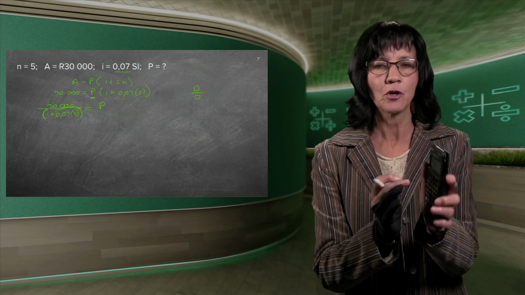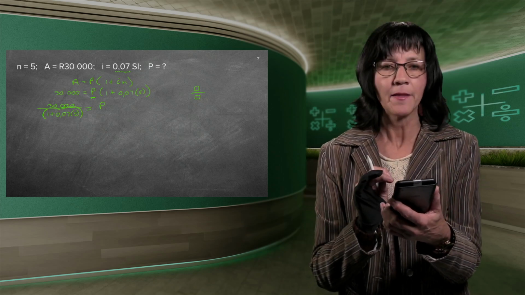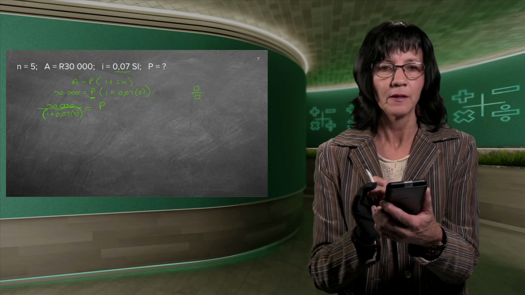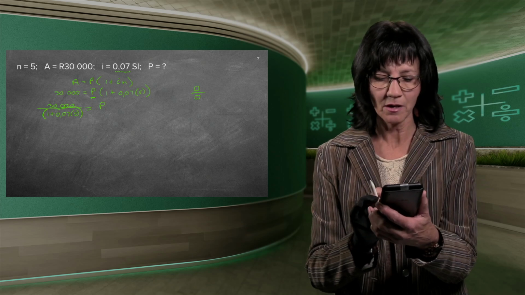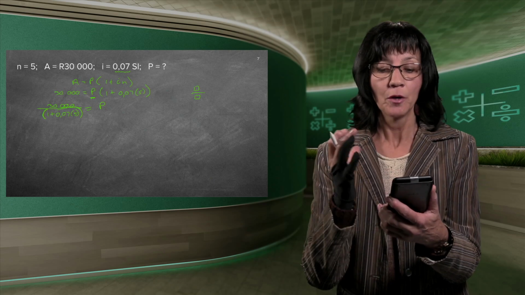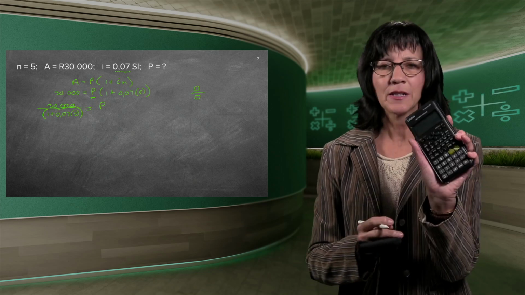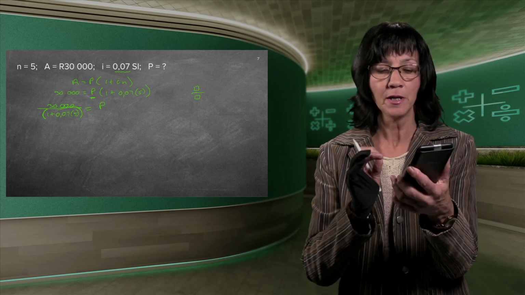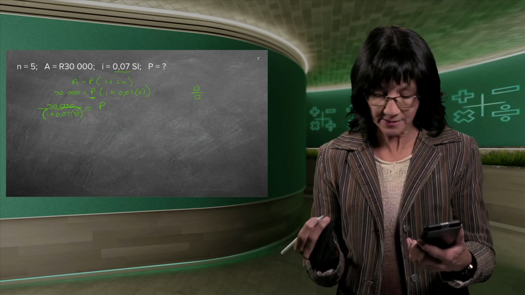Then you take the cursor and go down so that you're now at the bottom of the fraction. And then you put in the bracket. 1 plus 0.07 times 5, because remember, bracket means times. Remember to close the bracket in the end, and then you just press the equal sign. Now it gives you a funny fraction answer, but remember, you've got an SD button. And if you press that SD button, it gives you the decimal.